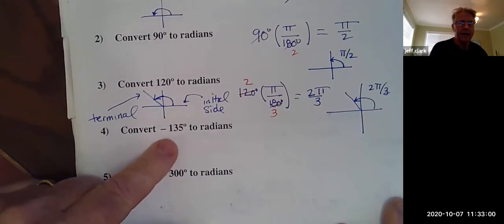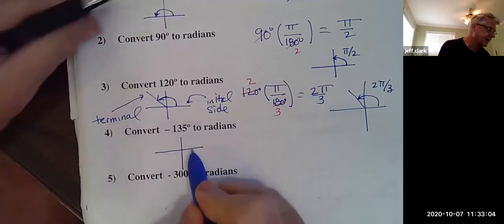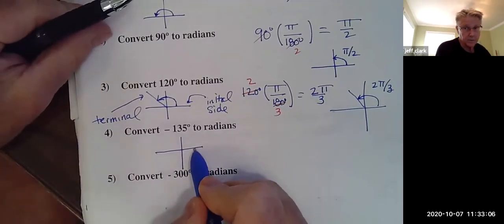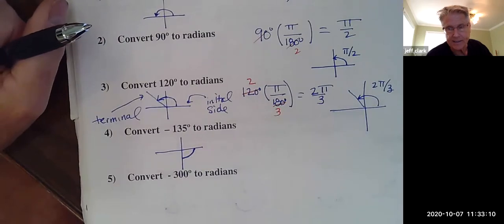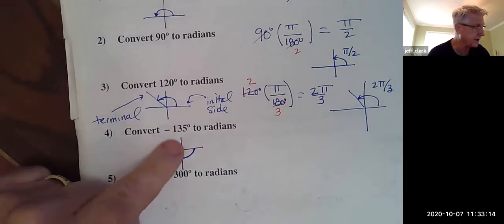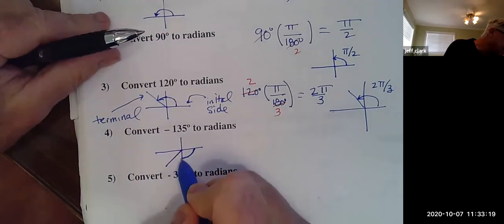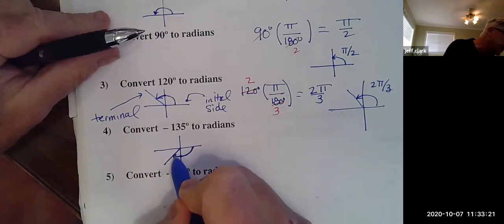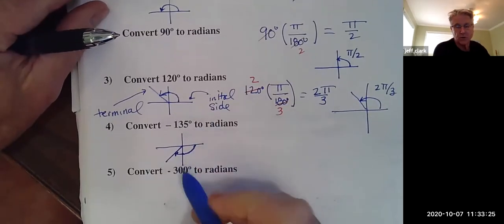All right, to be negative 135 degrees. Okay, negative goes clockwise. So that's negative 90. And I need, let's see, 45 more from 90 gets me to 135. So 45 stops right about there, halfway in the middle of the quadrant.